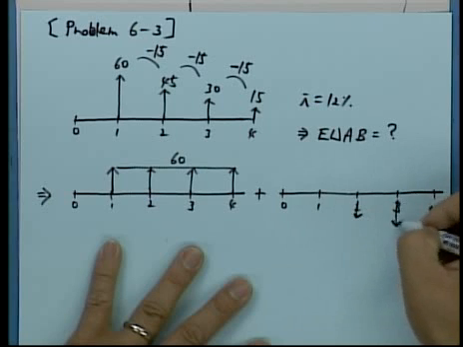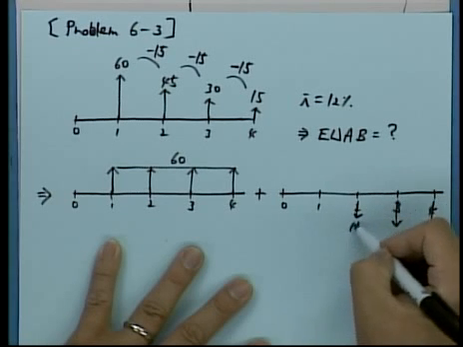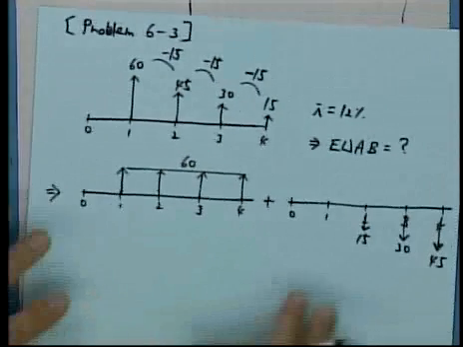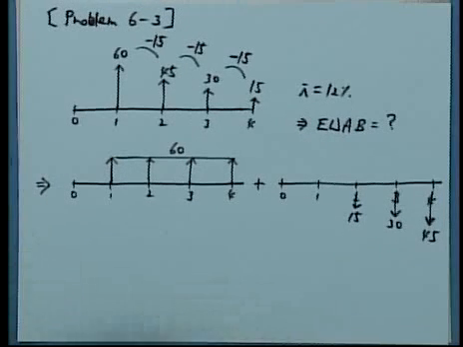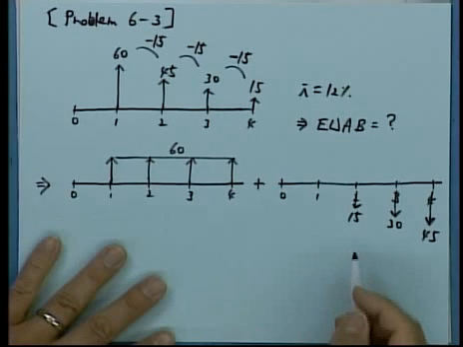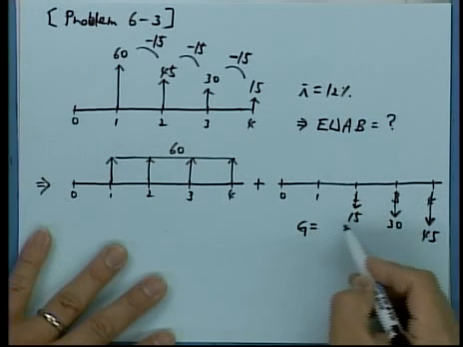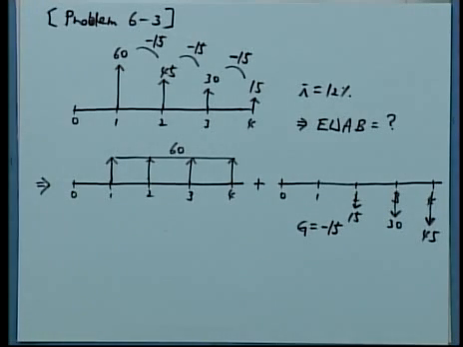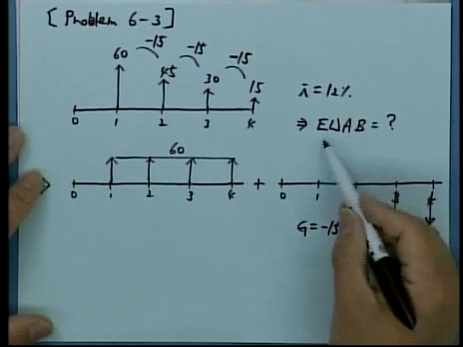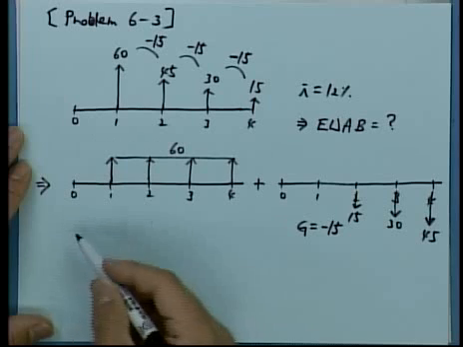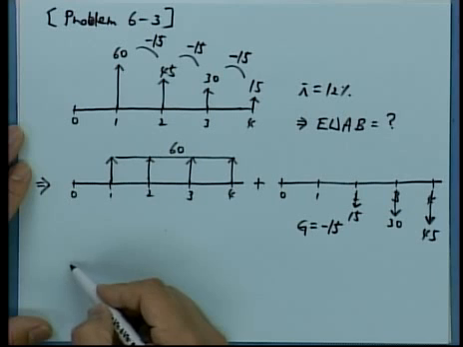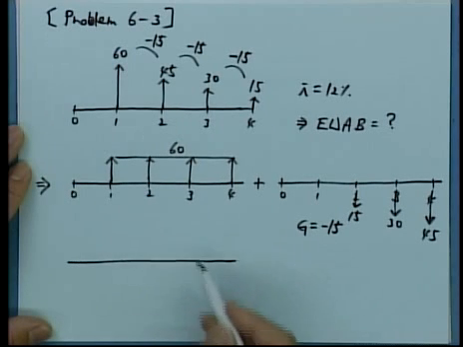You have negative cash flows, 15, 30, and 45. So here you can say G is negative 15. Now we want to calculate the equivalent uniform annual benefit, which looks like this.